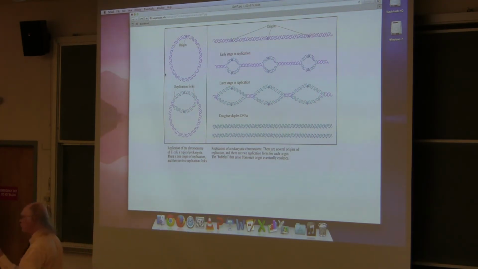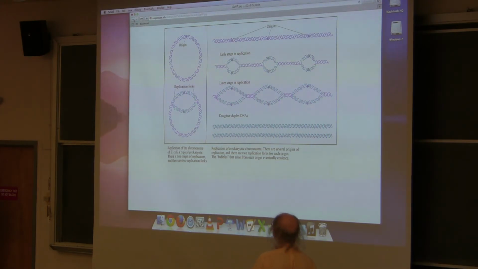But how we process that is very, very different than what bacteria do when they have a circular guy. I'm telling you that now because I'm going to remind you of that when I talk about the replication of eukaryotic DNA. And that's what you're seeing on the right, eukaryotic chromosomes.